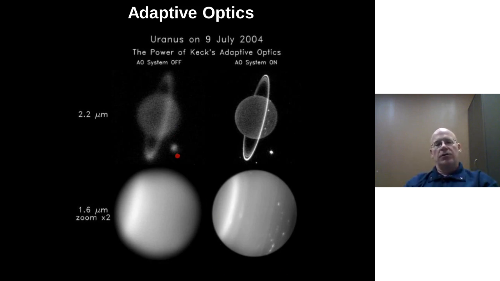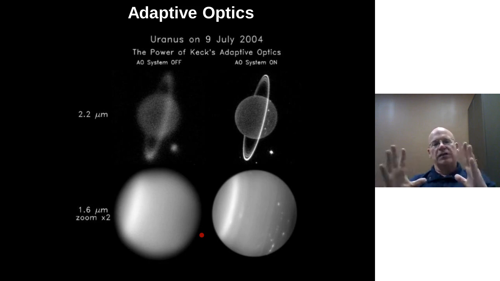We can see Triton, one of its bigger moons, actually the biggest moon in the solar system. But this is so far away. It's pretty awesome that we can see that. We can actually see a little bit of the weather. We can see that there's some kind of weather structure in the atmosphere of Uranus.